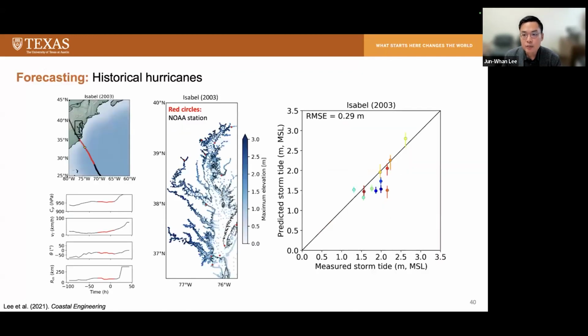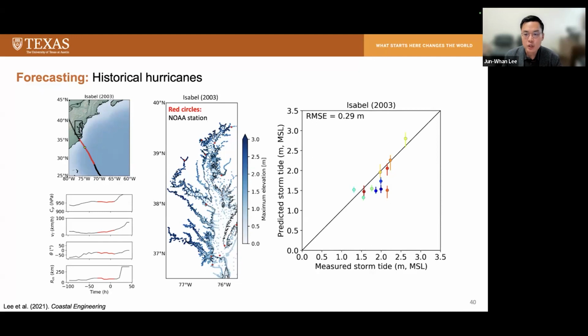And this new machine learning model was also validated based on historical hurricanes to test the capacity of storm surge forecasting. We tested three hurricanes, Hurricane Isabel, Irene, and Sandy, and this shows the Hurricane Isabel case, which caused more than $3 billion in damage.